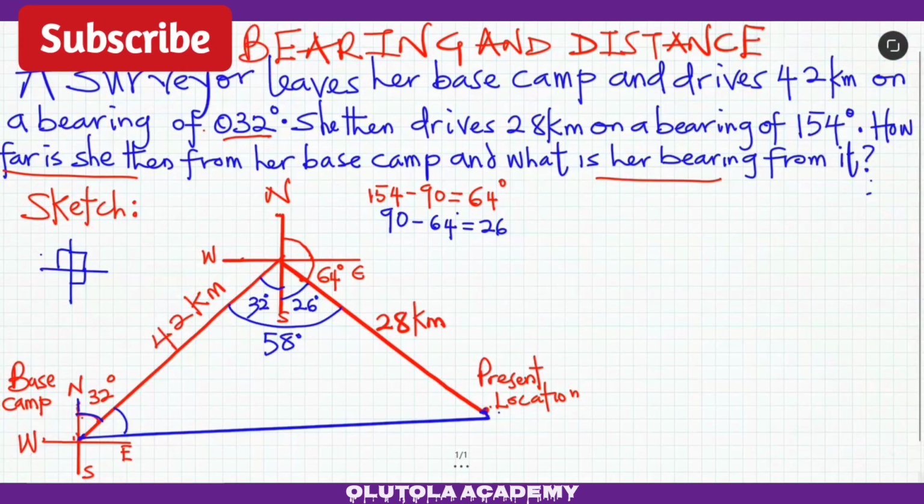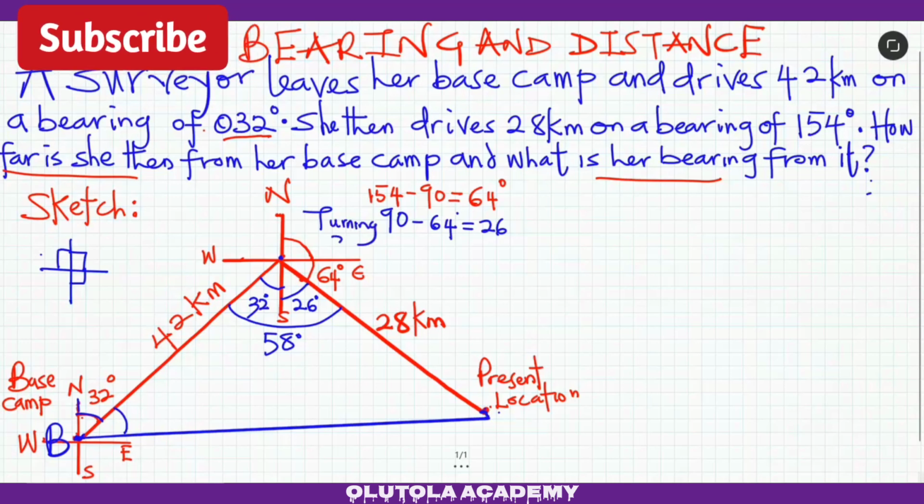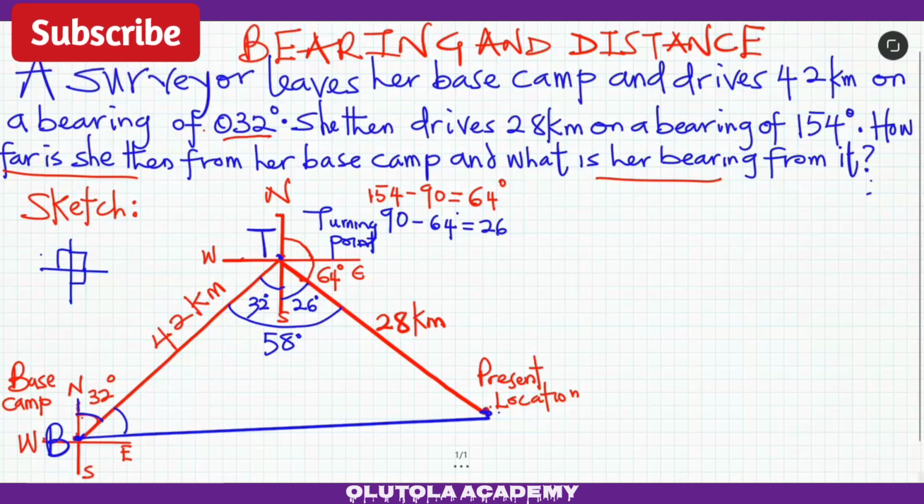Okay, if I call this point B, base camp, I can call this point the turning point, T, and this is the present location, I call it P. So I have three points there, B, T, and P.